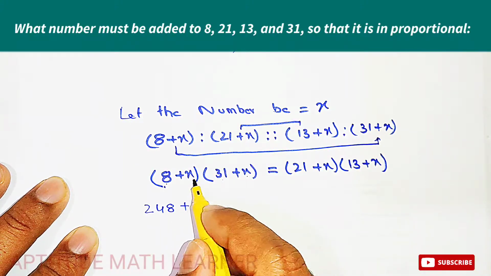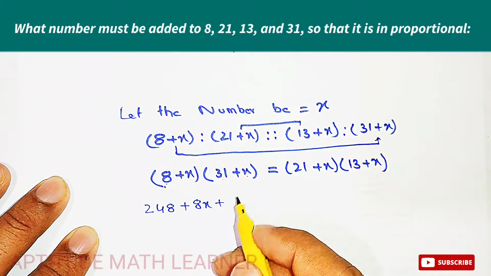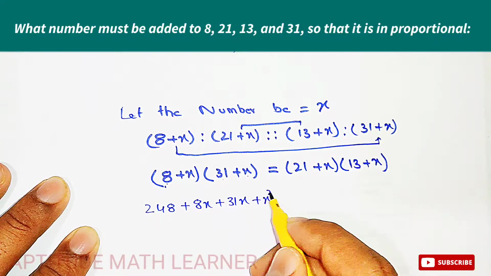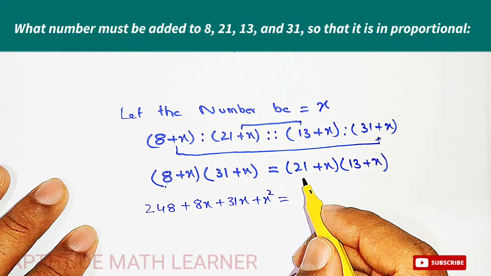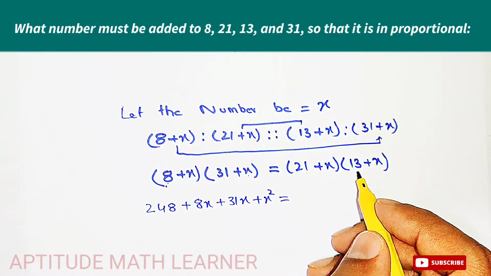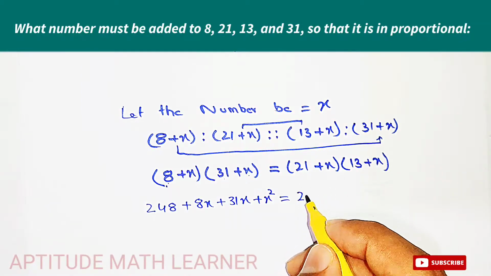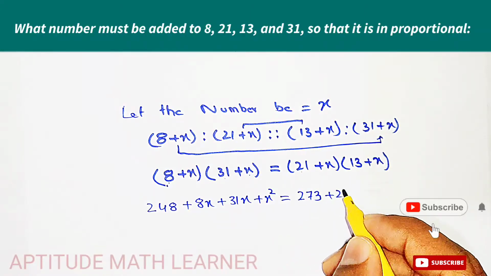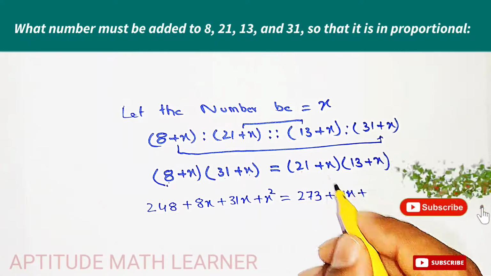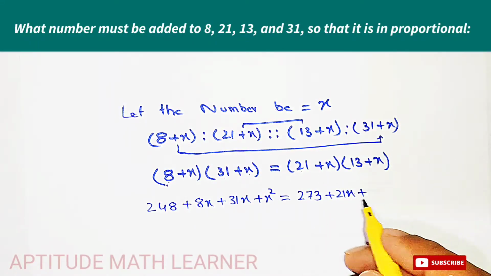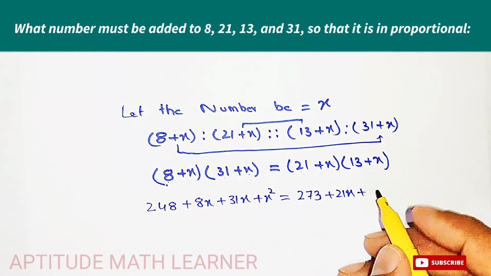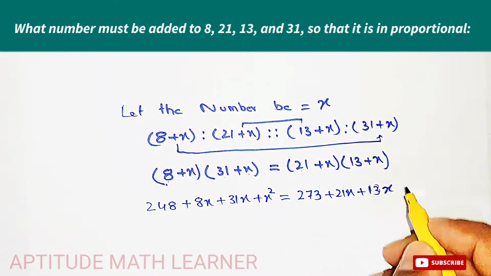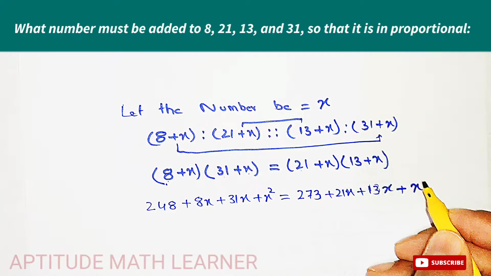Now x multiplied by 31 is 31x, and x by x is x square, equal to 21 times 13, which is 273, and 21 times x, that is 21x, plus x multiplied by 13, that is 13x, and plus x by x, that is x square.